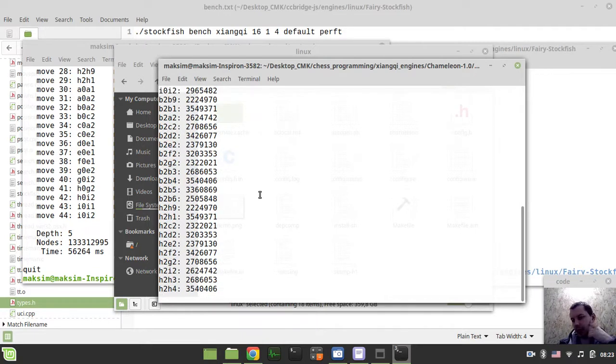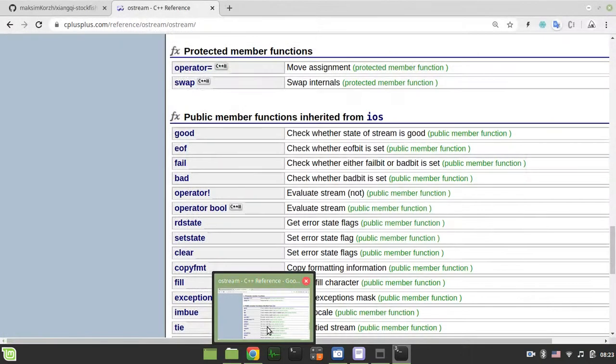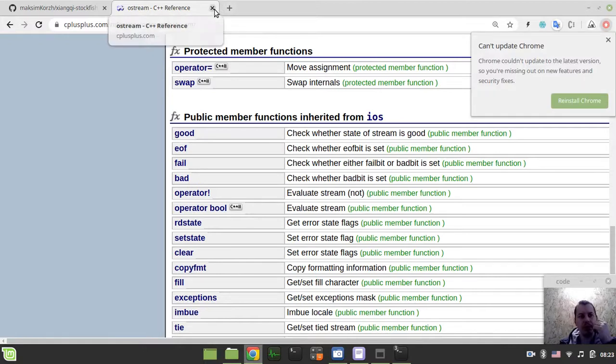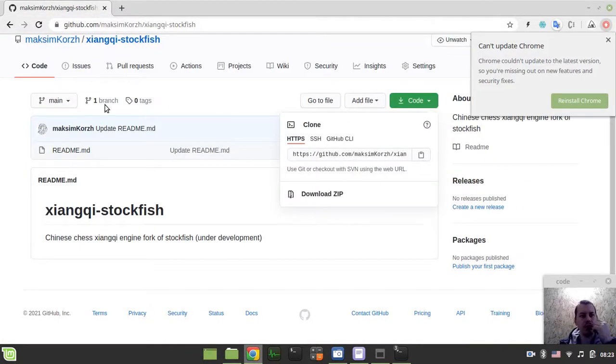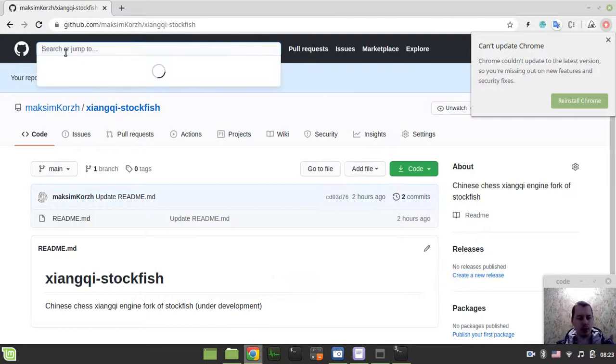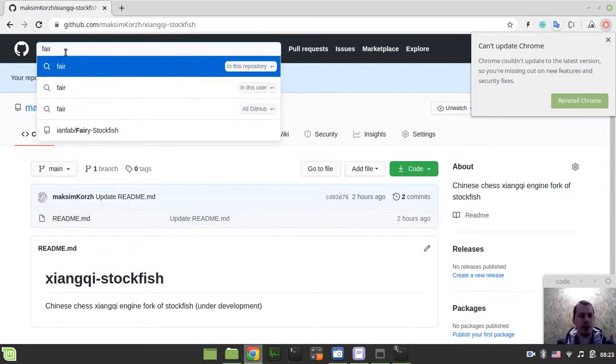I was reading an issue open on Fairy Stockfish, and actually Wilbert Li, the author of Chameleon, stated there that with array-based representation it would be faster, and now I really believe this, which might sound a little bit strange, but you just see the perft results. So while it's searching, let's go to Fairy Stockfish.